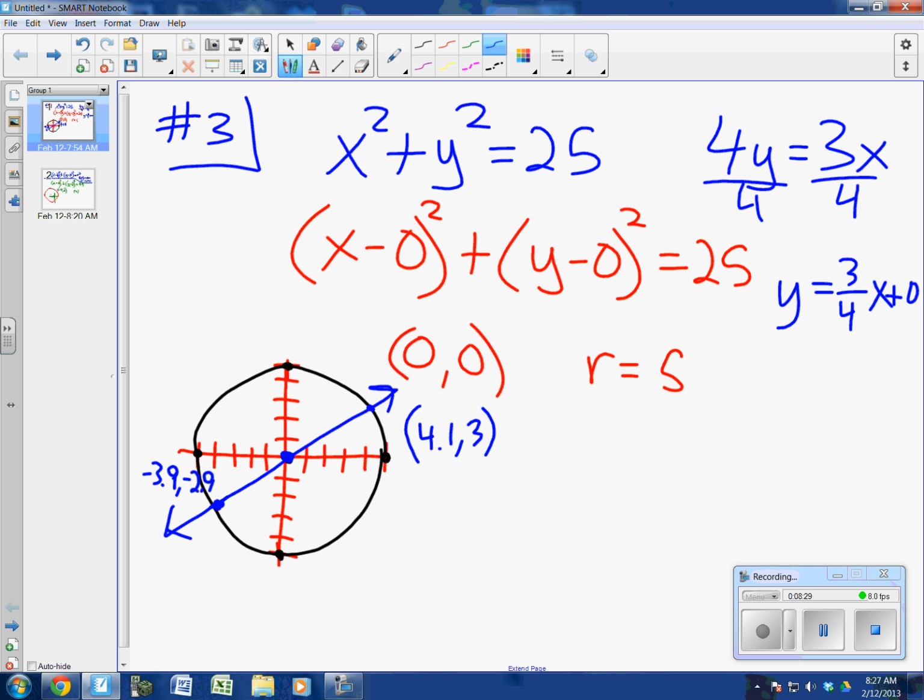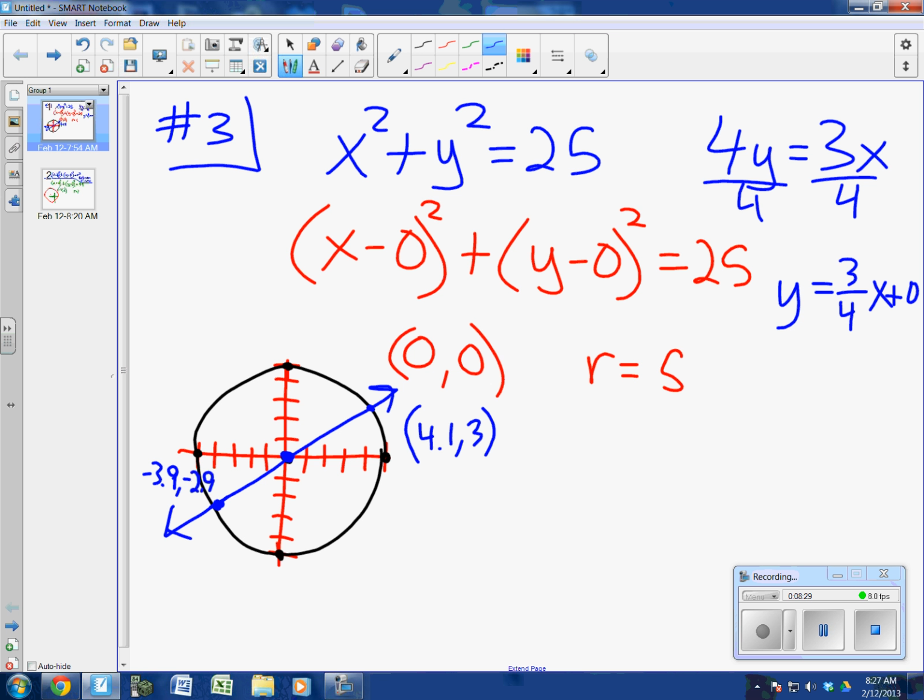So if I times both sides of this equation by 16, and I distribute that 16, I'm going to get 16x squared plus what? Yep, 9x squared. Who yelled that out? Good job, Kayla. All right. 25 times 16 is what? I believe it's 400, right?